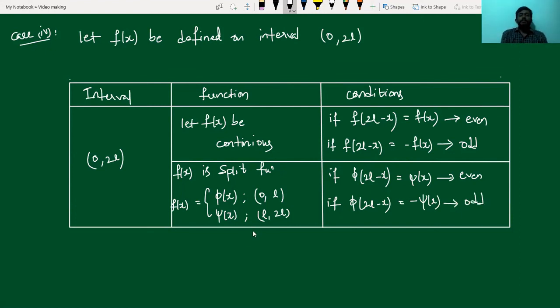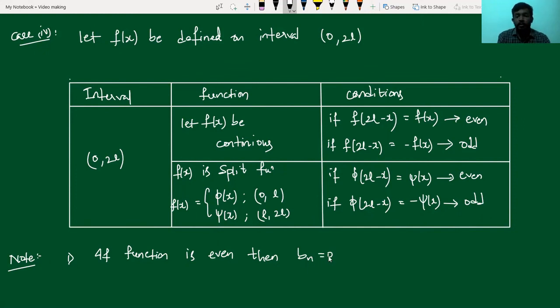But here we have a question: why find the odd and even nature of the function? Because we have two standard results in a Fourier series. I'll give those results as a note. The first one: if the function is even, then the Fourier coefficient bn will be equal to 0.